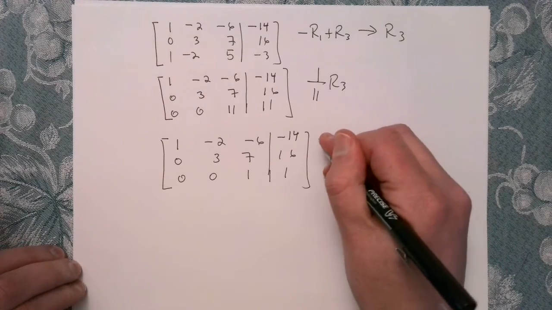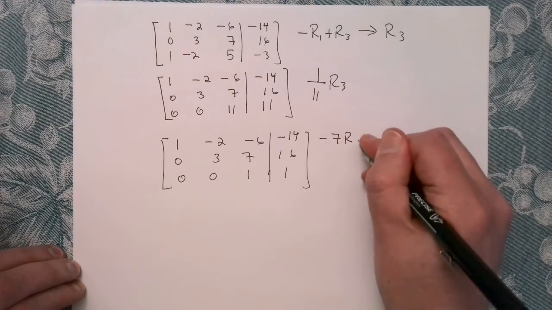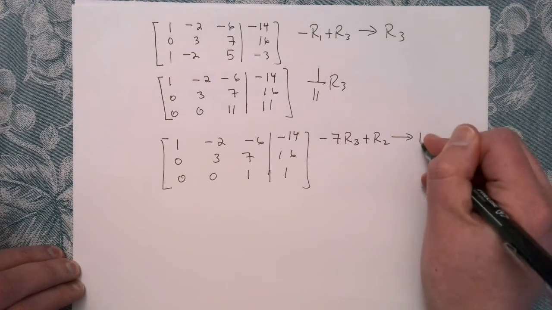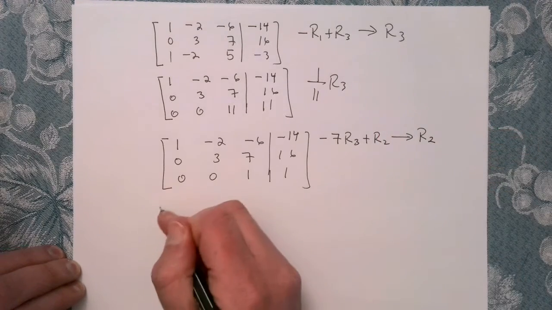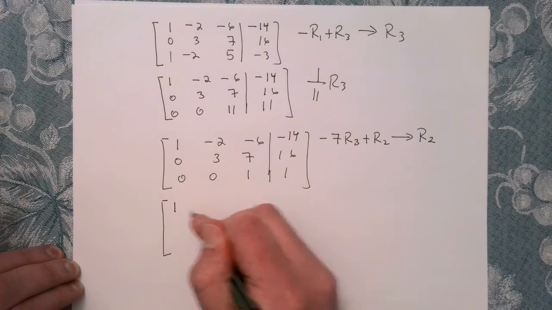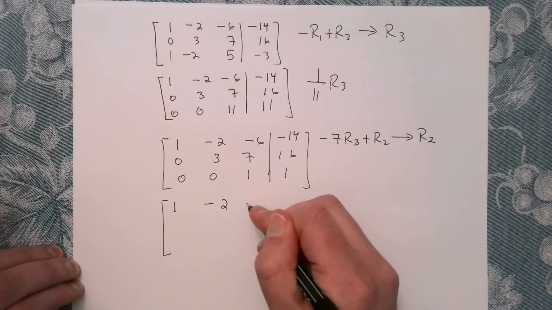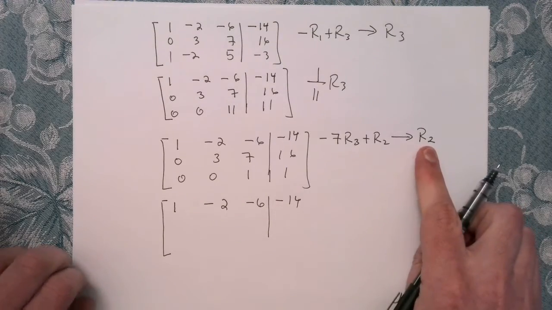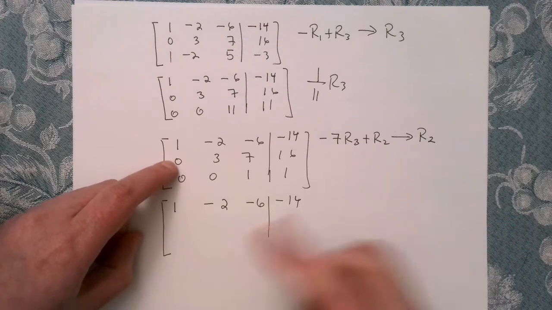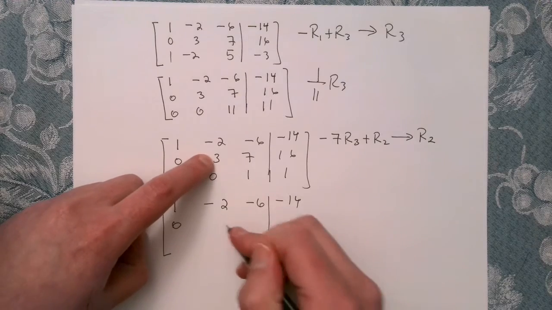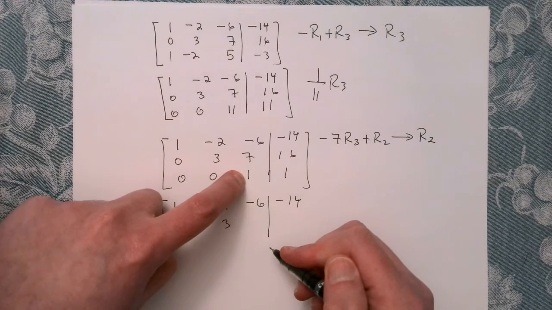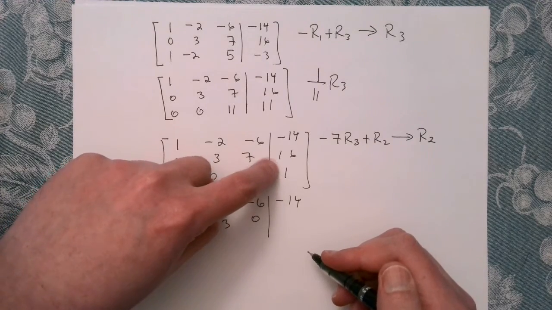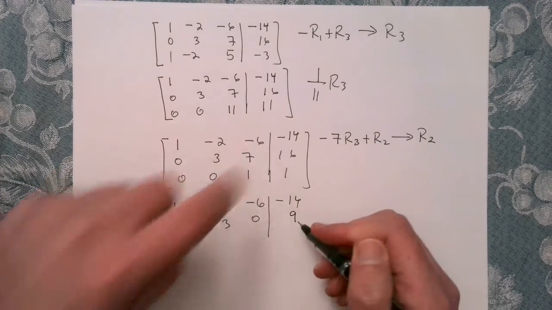So let's do -7 times row 3. Let's add that to row 2, and let's have that sum replace row 2. So row 1, of course, stays the same. And let's see what's up with our new row 2. So that's going to be 0 plus 0. That's going to be 0 plus 3. That's going to be -7 plus 7. And that's going to be -7 plus 16, which is 9.